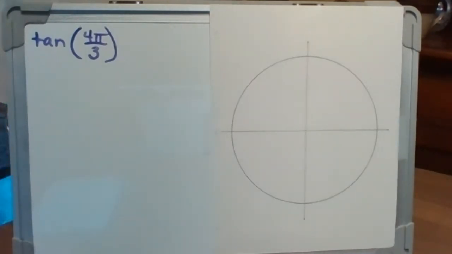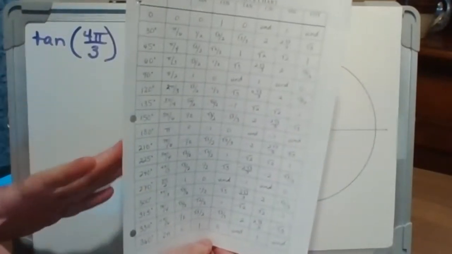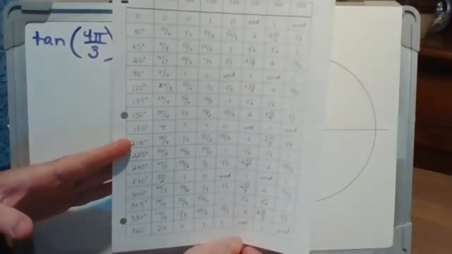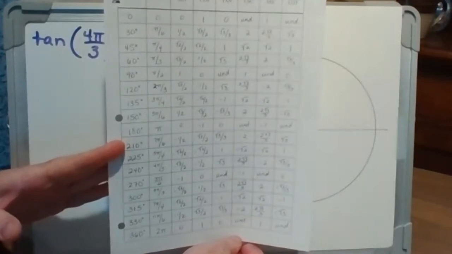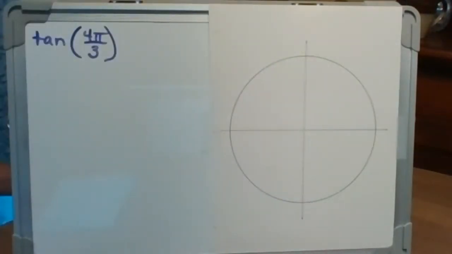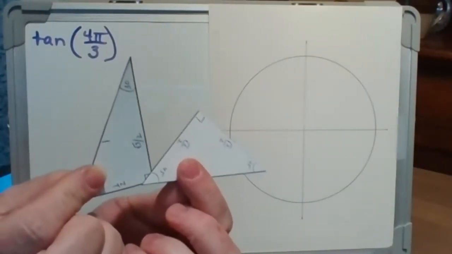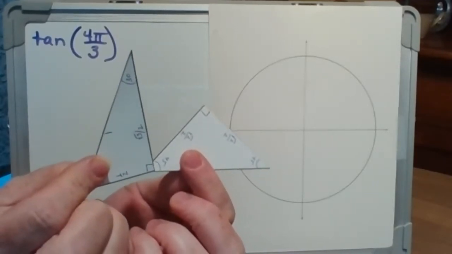This is what my high school trig teacher gave me and said, here, memorize this. Who can memorize that? I would much rather memorize these two tiny little triangles, understand where the values are coming from, and then I can actually get them for the rest of my life.